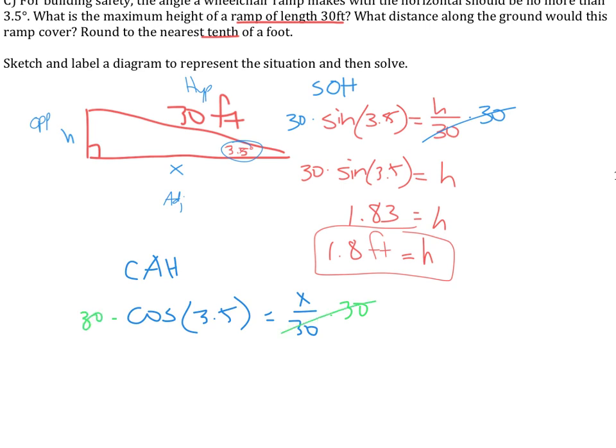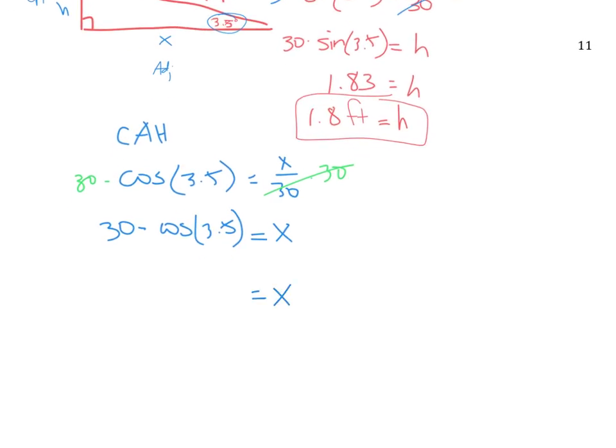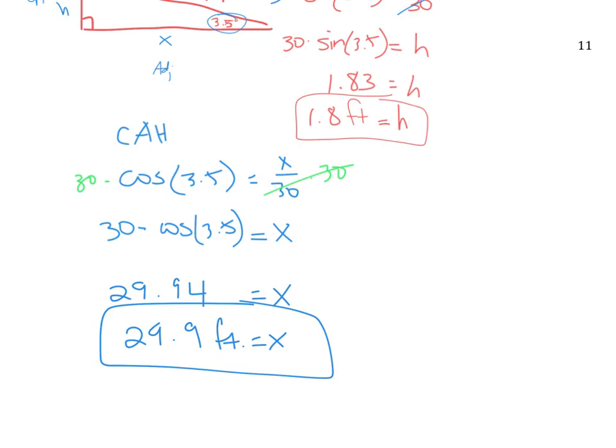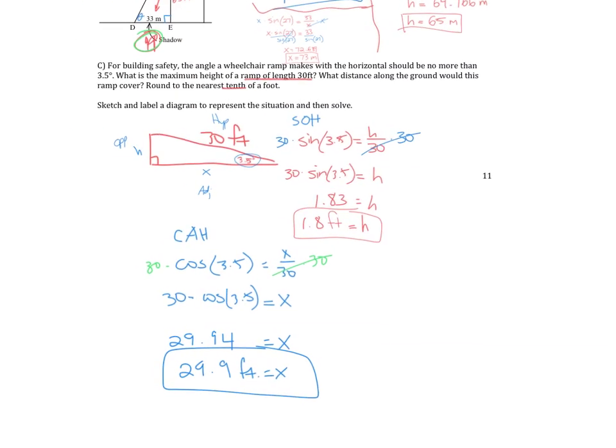So x equals 30 times cosine of 3.5. Which is 29.94, or 29.9 feet. Okay.